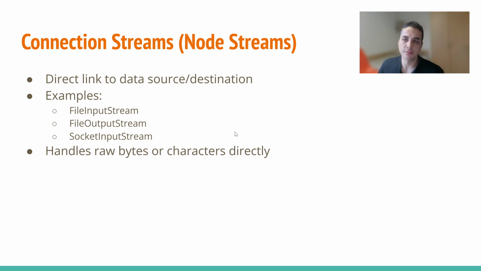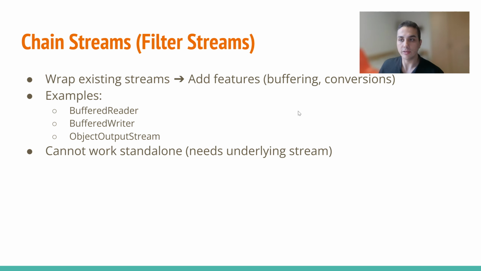or goes to. We also have chain streams, also known as filter streams, and these streams do not connect directly to a data source. Instead, they attach to another stream to provide additional functionality, like chaining the streams.